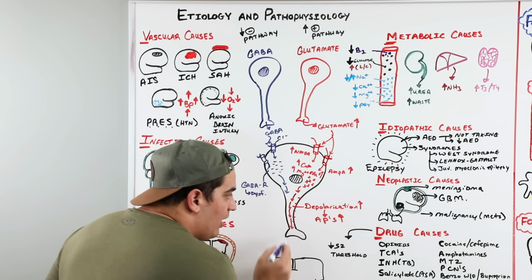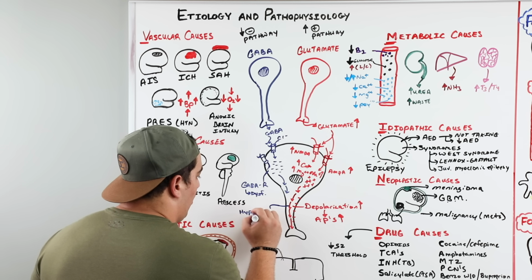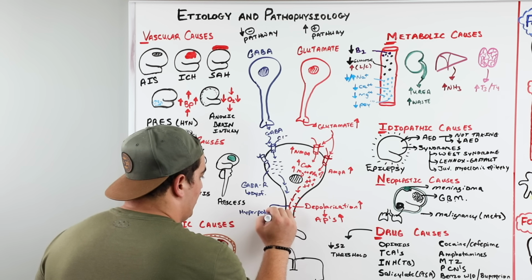And if you decrease the actual voltage inside the cell and decrease the action potentials, this can lead to hyperpolarization. Okay, so what is this called again? This activity where you make the inside of the cell extra negative by bringing in chloride ions is called hyperpolarization.